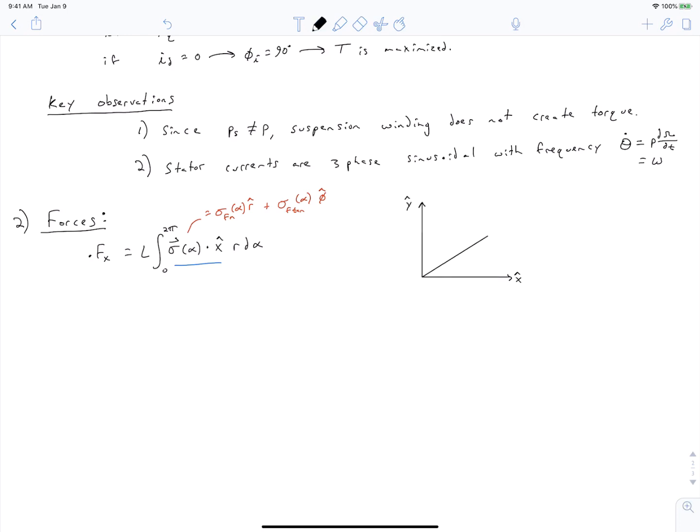So we're drawing a vector to a location on the rotor surface that we're integrating at. And at this location, we will depict the unit vector for our radial and our tangential components. And what we want to do is evaluate the dot product of these components so we can plug it back into this expression up here.